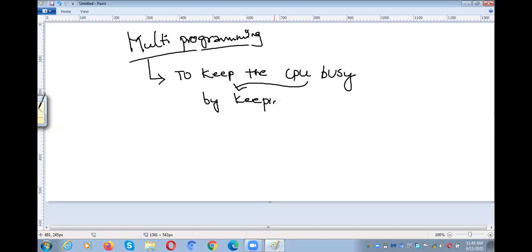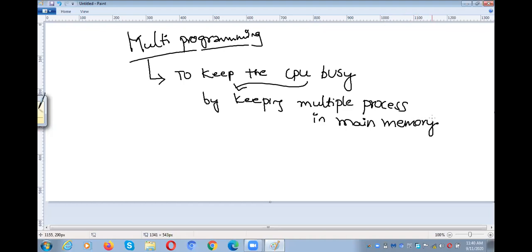By keeping multiple processes in main memory. Right? As I told you earlier, this is the secondary memory, and next here we have P1, P2 and P3 available in secondary memory.